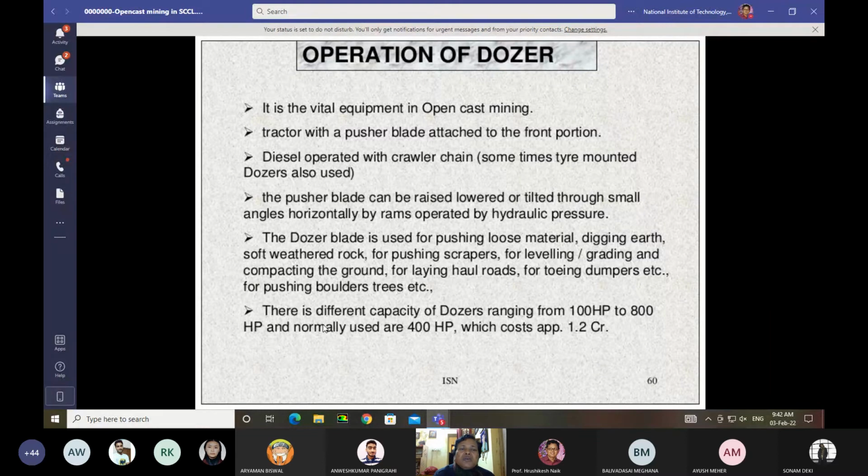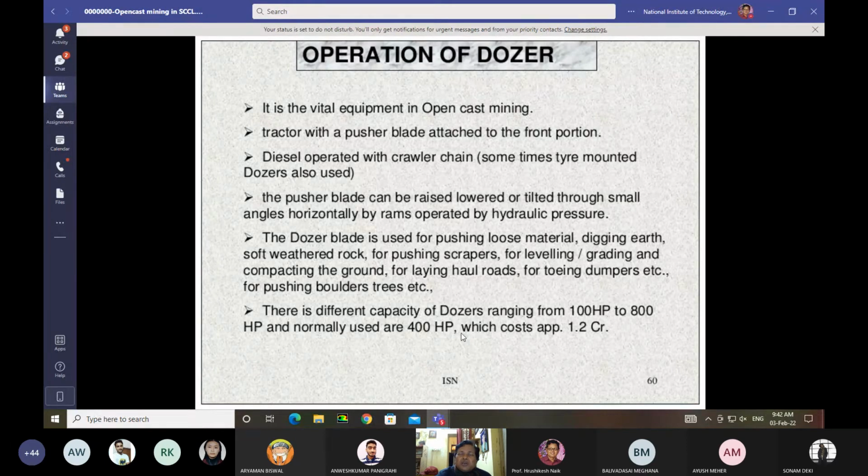Dozers are available in different capacities starting from 100 horsepower to 800 horsepower, and normally used are 400 horsepower, which costs approximately 1.2 crore. If its capacity is 800 horsepower, the cost will be double. So this is the operation of a dozer.